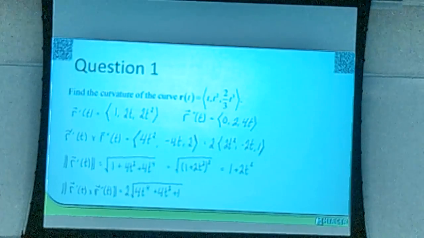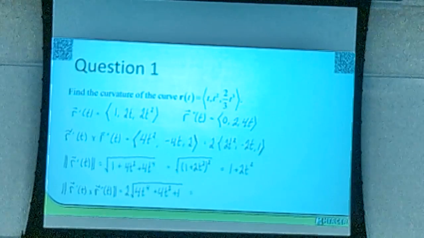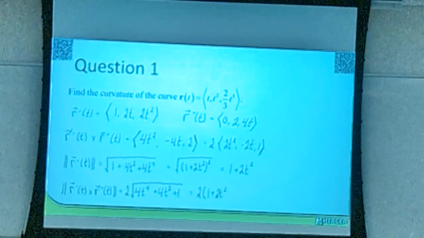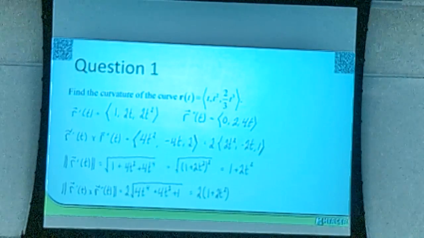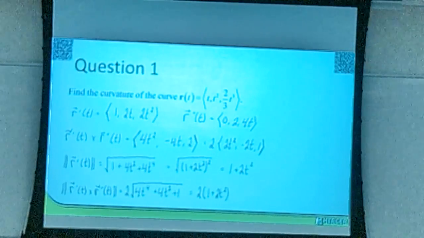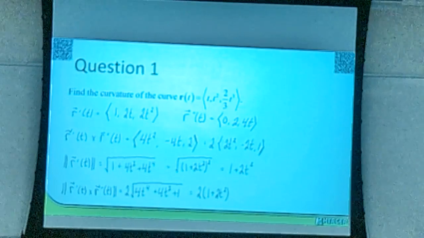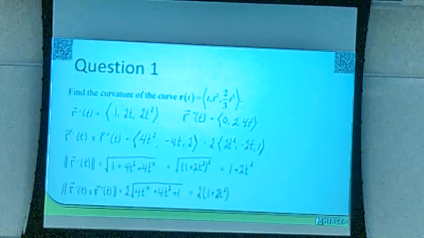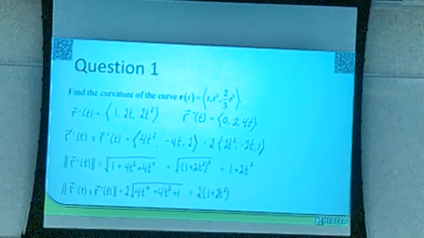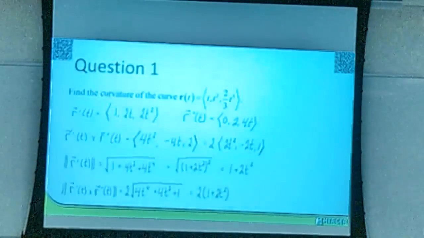Oh wait, isn't that magnitude the exact same? This is always the worst part.